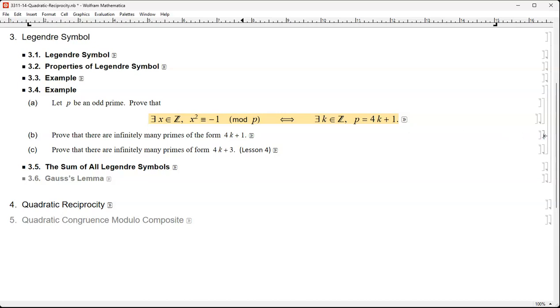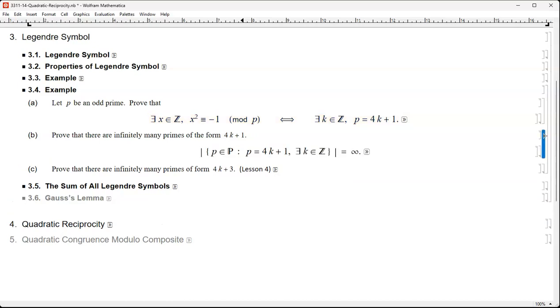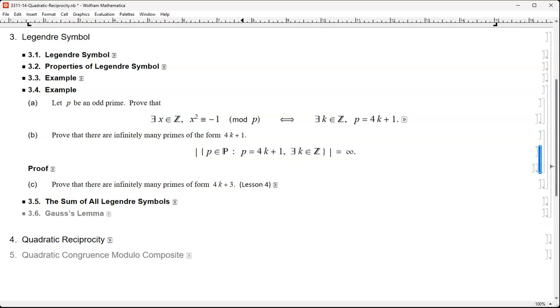And let's use this to prove there are infinitely many primes of the form 4k plus 1. So P is a prime number, coming from the set of all primes, but it's of 4k plus 1 type. And there are infinitely many of those.